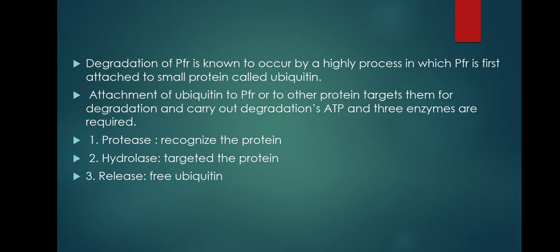Degradation of Pfr is known to occur by a process in which Pfr is first attached to a small protein named ubiquitin. This ubiquitin attached to Pfr or to other proteins targets them for degradation.